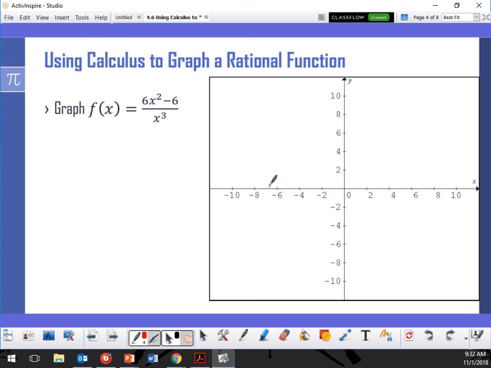I could factor them. What if top and bottom have a common factor? That's going to be a hole. That one's not going to be an asymptote for the denominator. It's going to be a hole, so it's not going to go to an asymptote. You're just going to go to a spot in which that point right there is undefined.